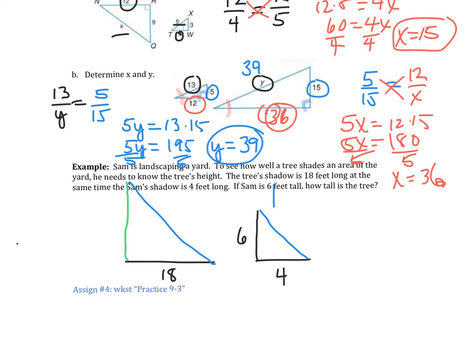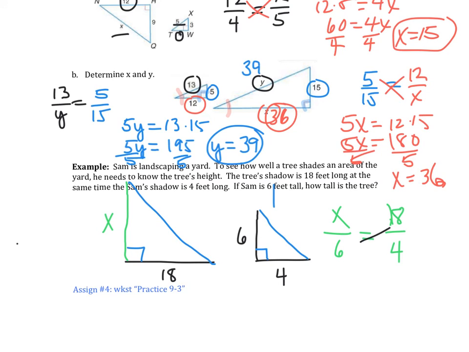Now we've got our two right triangles, and because we have right triangles, we know that they're going to be similar to each other. Now we're going to set up our proportion. I'll name this side x here, since we're trying to figure out how tall the tree is. So our proportion is going to be x over 6 equal to 18 over 4.